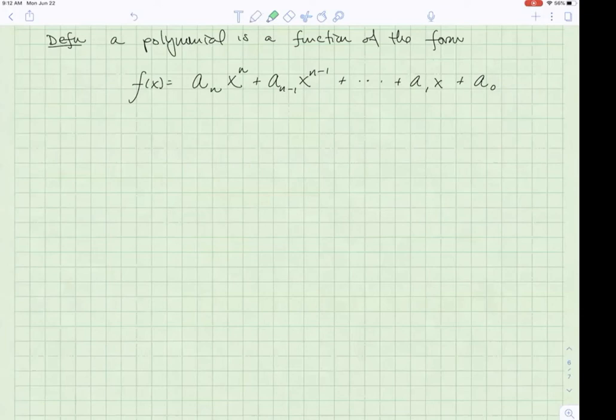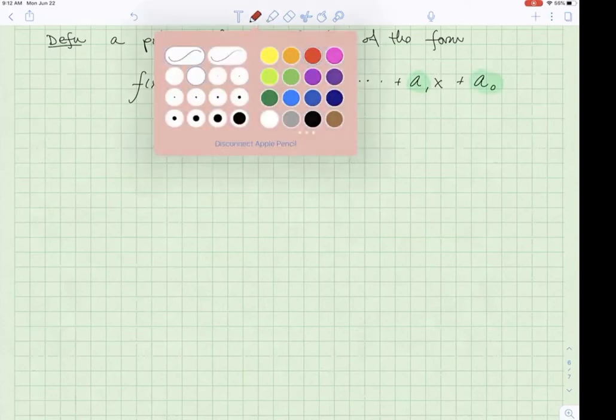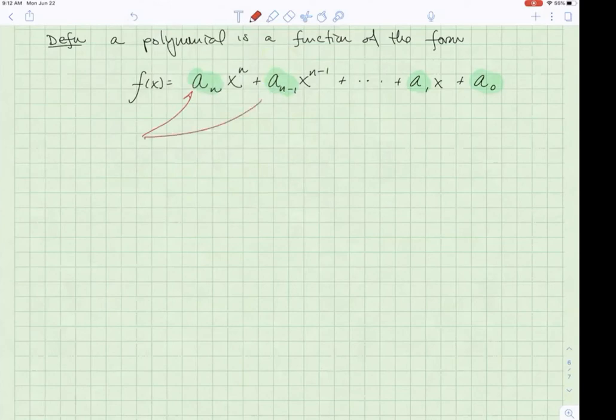But what we are talking about here is a collection of powers of x, where these are known as the coefficients. Well, maybe not that last one. Hold on a second.